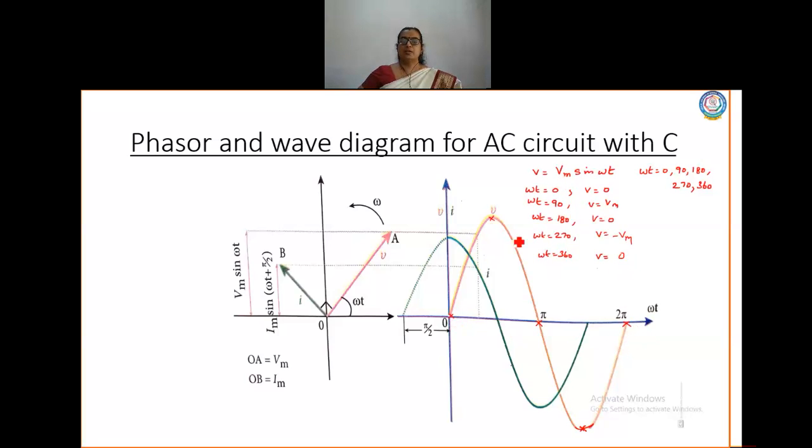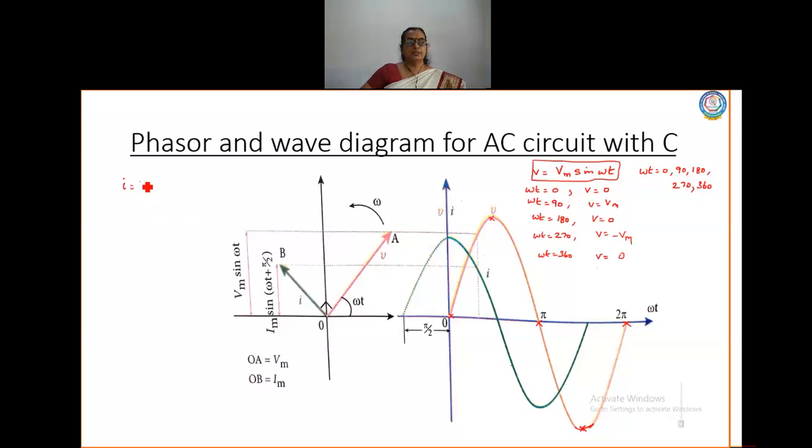When I join all the points, this is the voltage wave diagram. Similarly, for all the values of ωt, when I plot the points, this is the curve for the voltage. Similarly, we substitute the same values for the current equation also. What is the current equation?